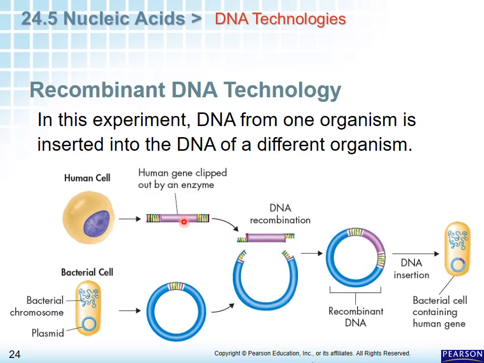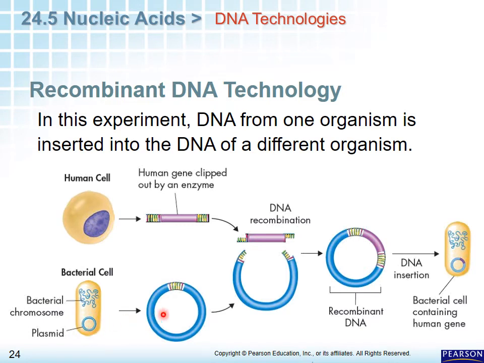After taking this gene, we clip here so that this genetic code and this genetic code are going to match, and it is going to be fixed into the plasmid of the bacteria. What is a plasmid? A simple circular DNA of bacteria. This is called a plasmid.